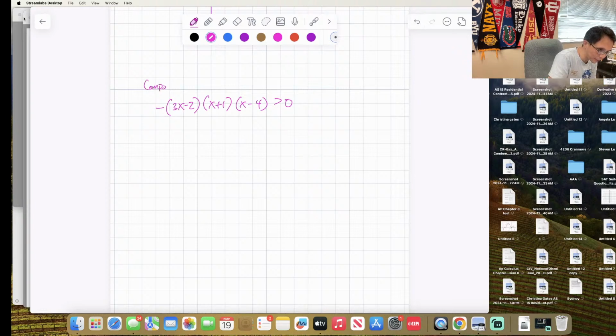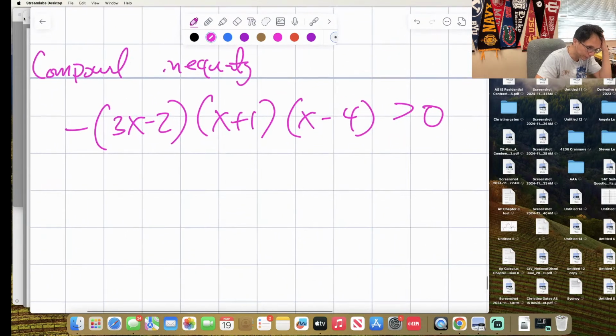A compound inequality is basically when you have multiple things. Anytime you see multiple terms like this, you have to do something called a number line.